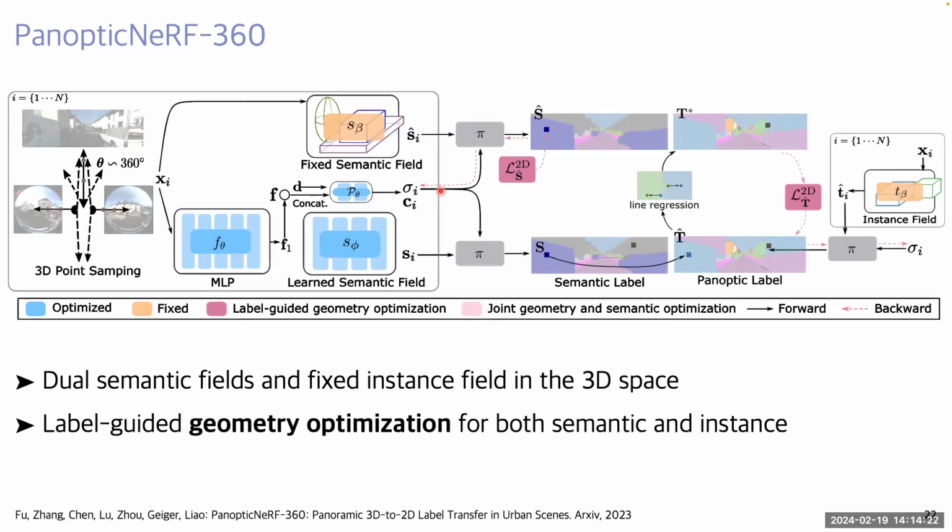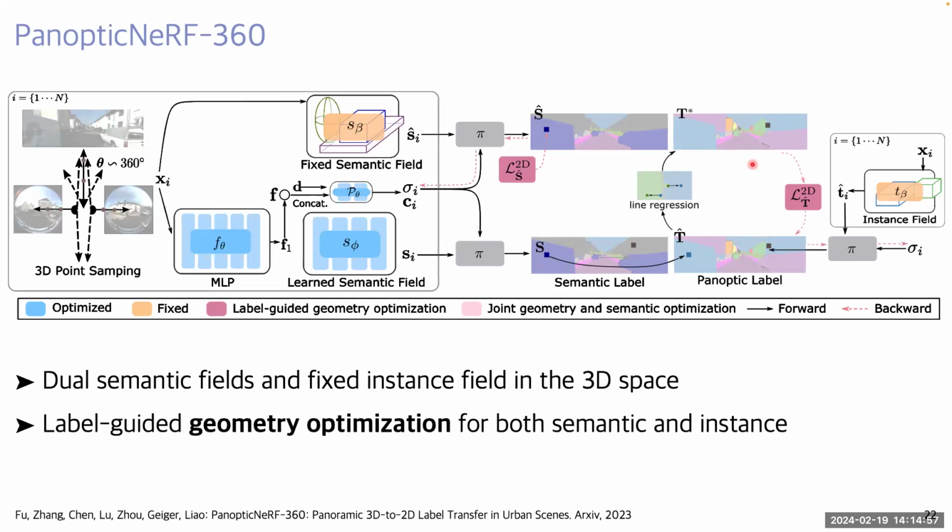And furthermore, in this Panoptic NeRF 360 work, we also improve the boundary between the instances based on a simple prior: that buildings are usually separated by lines. It's basically the Manhattan world assumption, that buildings are usually planar objects, and then they can be easily separated by lines.